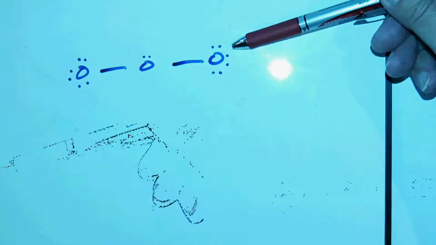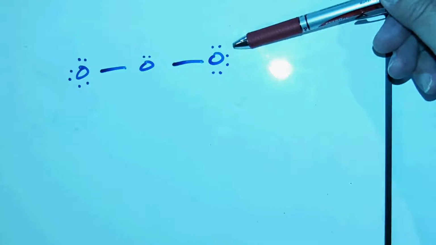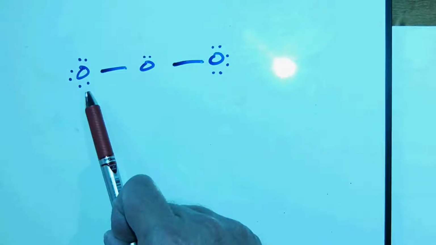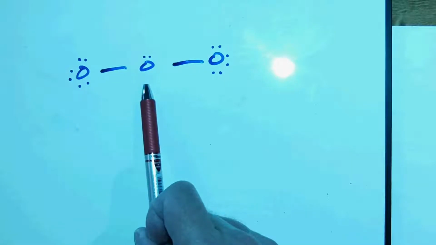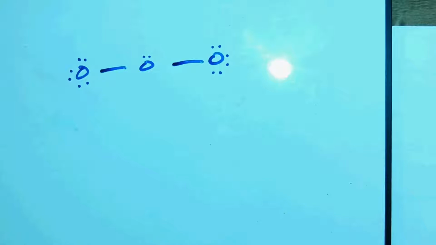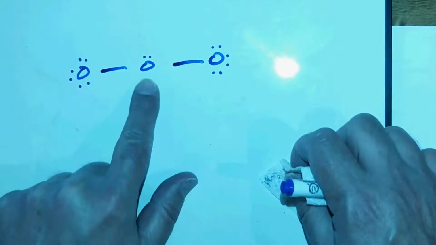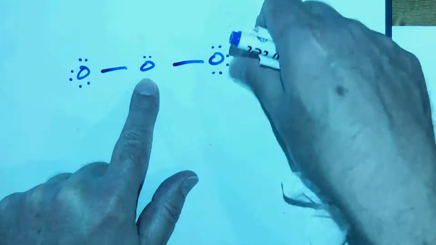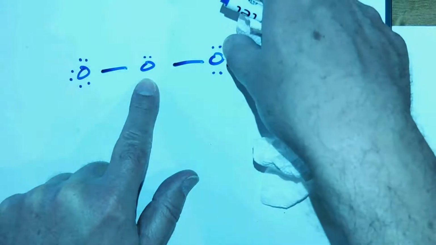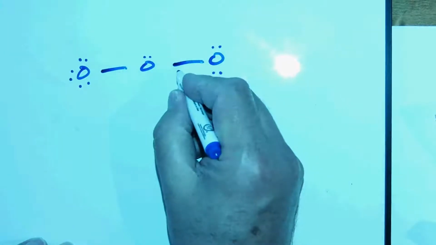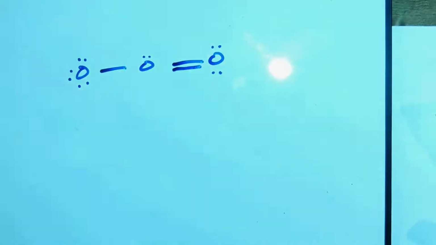Well, this atom has 8. This atom has 8. This atom only has 6. How do you deal with that? Oh, yeah. If the central atom doesn't have enough electrons, you take a lone pair, turn it into a bonding pair.